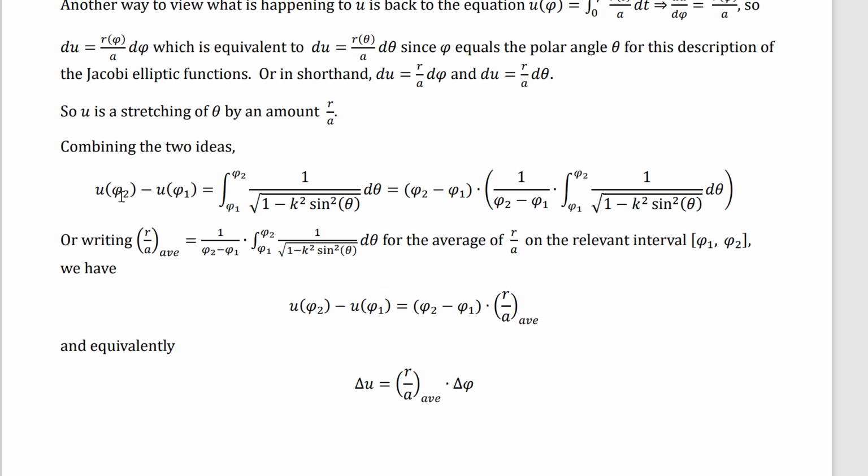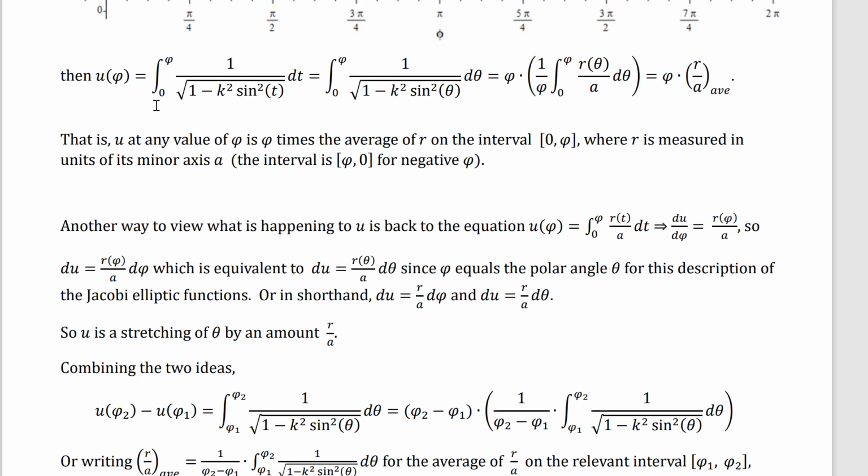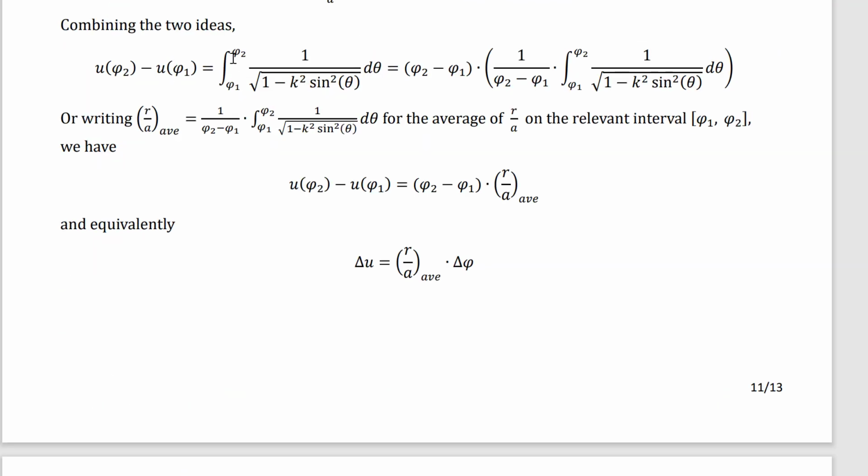If you take any two angles, u at phi 2 minus u at phi 1 is just the integral from 0 to phi 2 minus the integral from 0 to phi 1, which gives me the integral from phi 1 to phi 2, which again I'll think of as the change in phi times the average of r over a over that interval, because then these would just cancel again.